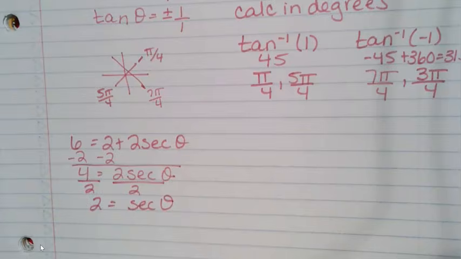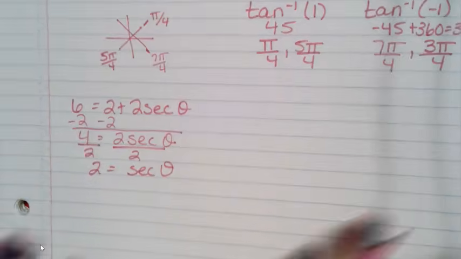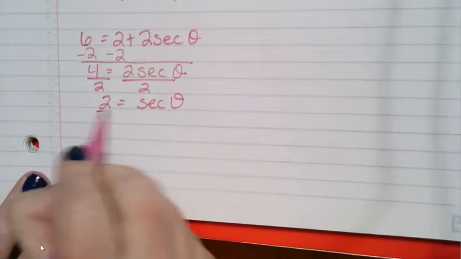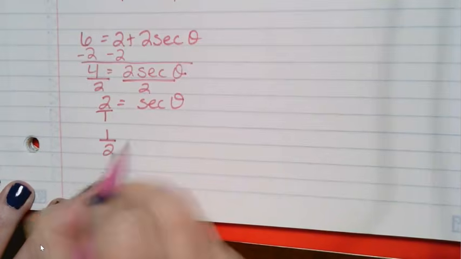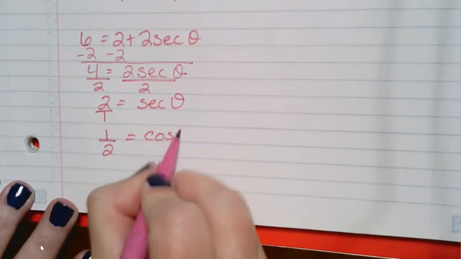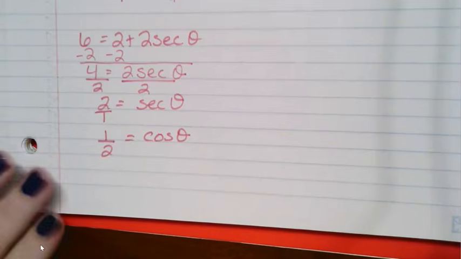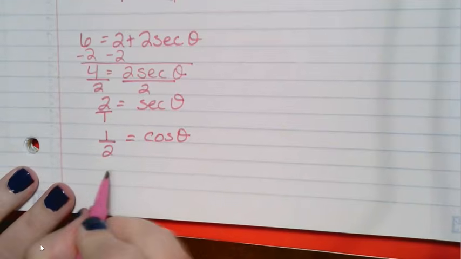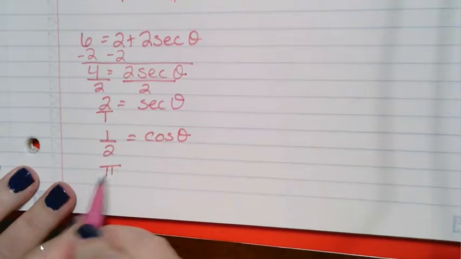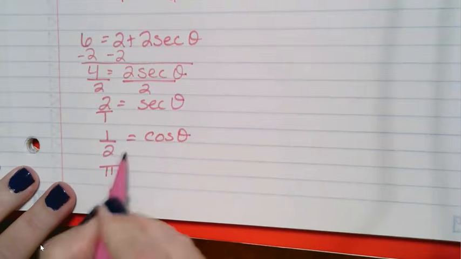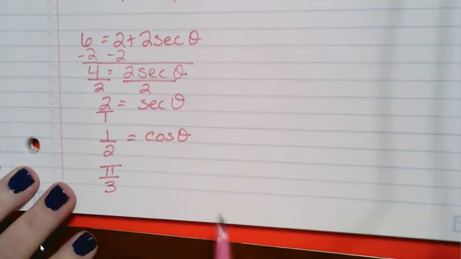Remember, I need this in terms of sine or cosine. So if I put this over 1, this will be 1/2 is equal to cosine theta. Then you go onto your unit circle and look for when cosine is equal to 1/2. It happens at pi over 3.